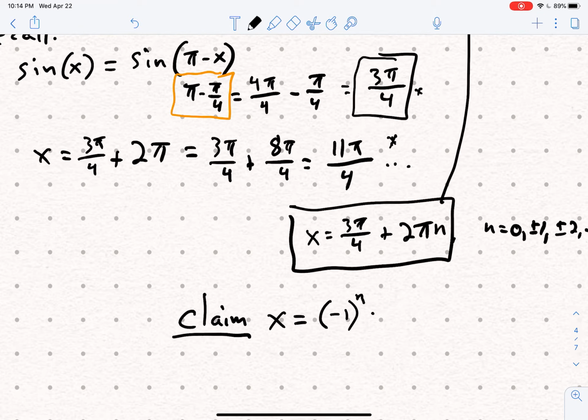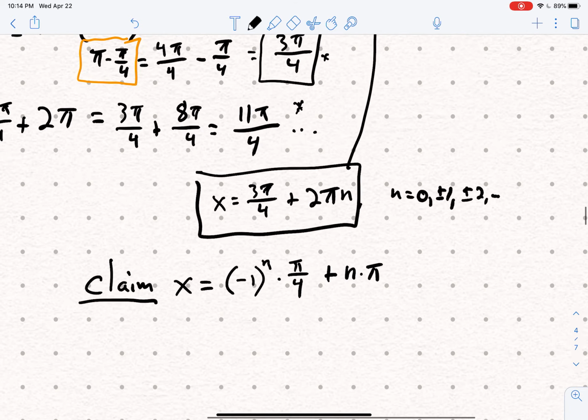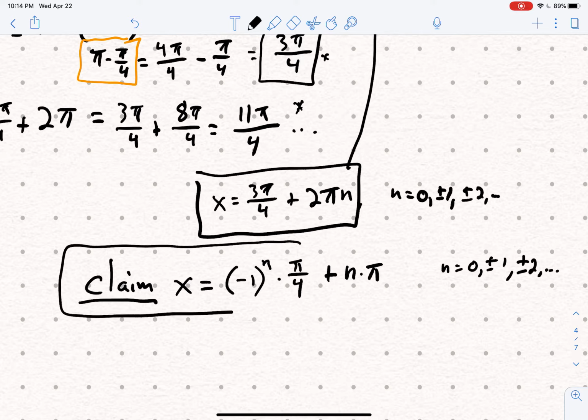But okay, times our original pi over 4, plus n times just pi. Not 2 pi, which is a little strange. And this is n is equal to 0, plus or minus 1, plus or minus 2, dot, dot, dot. So I claim that this formula captures all of the solutions that we got above.